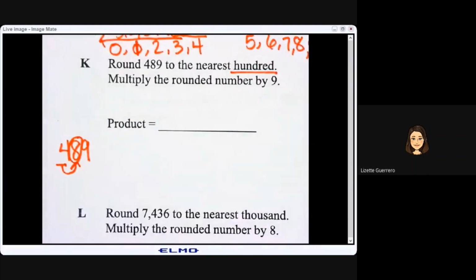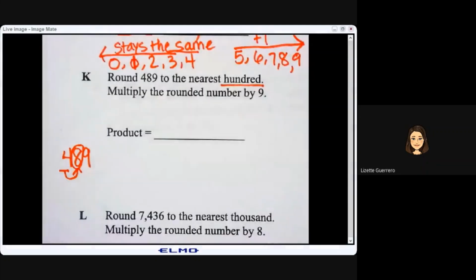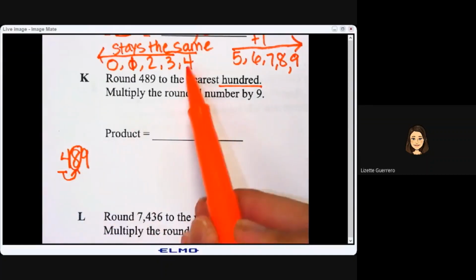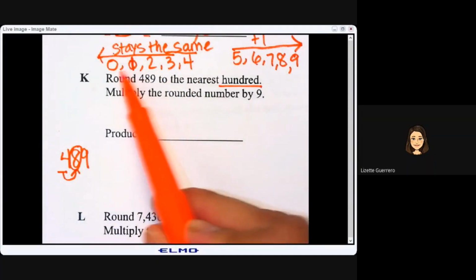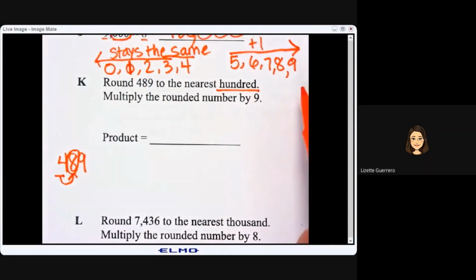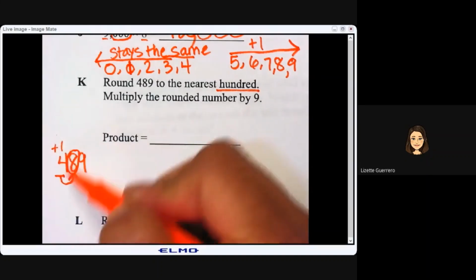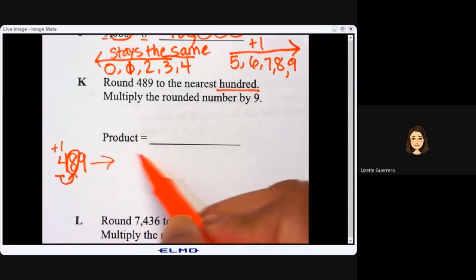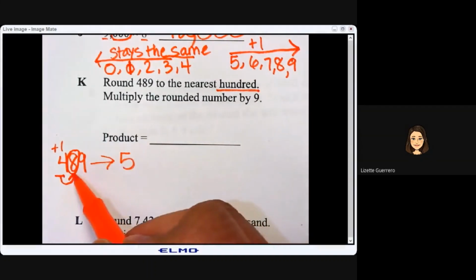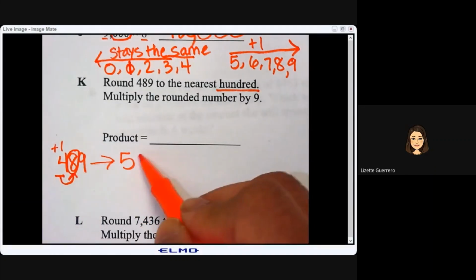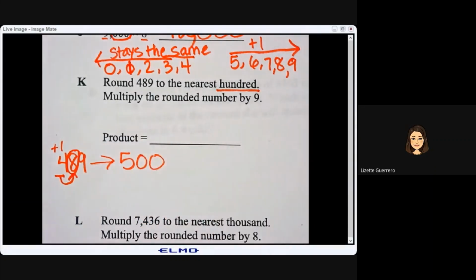Okay, the number 8, is it 4 or less, or is it 5 or more? It's 5 or more, so we're going to add one more. So 4 plus 1 equals 5. And then your numbers to the right of the hundreds place are zeros. So it rounds to 500.